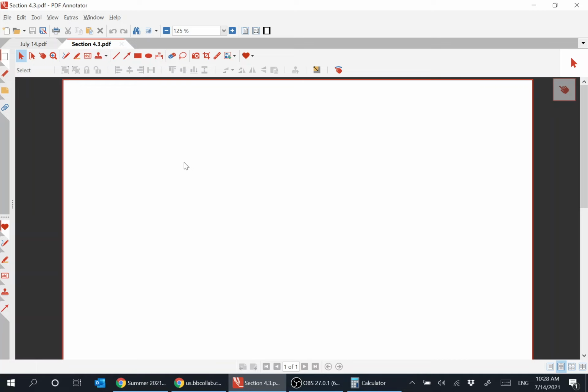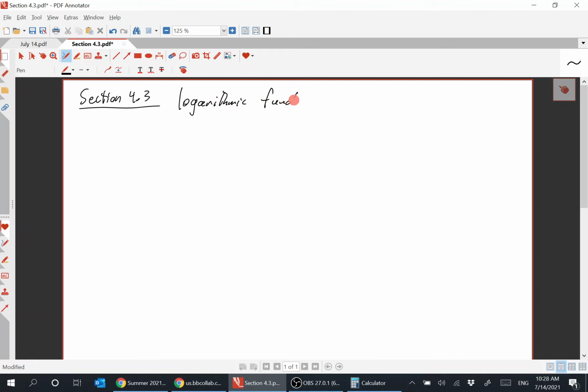So, along with exponential functions, their companions are these logarithmic functions. So the definition is as follows.